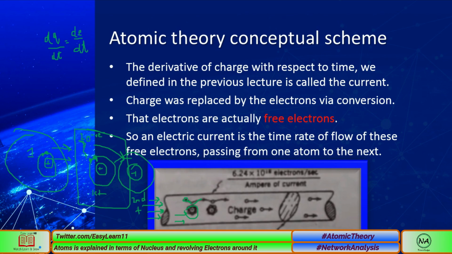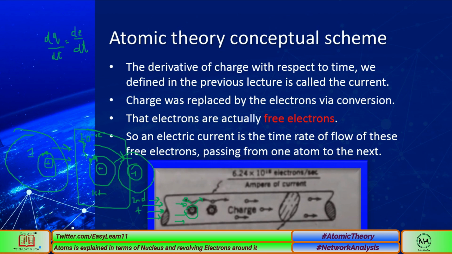When one electron leaves the first atom, there is an empty space left in the orbit. The previous electron that was coming from the back side will fill this space, and it will then strike the next atom.